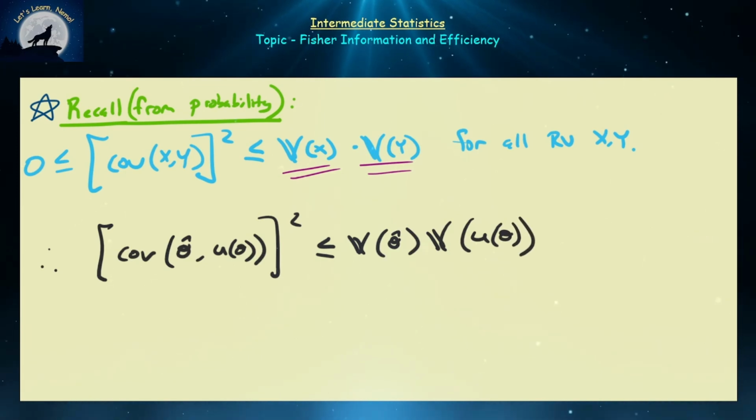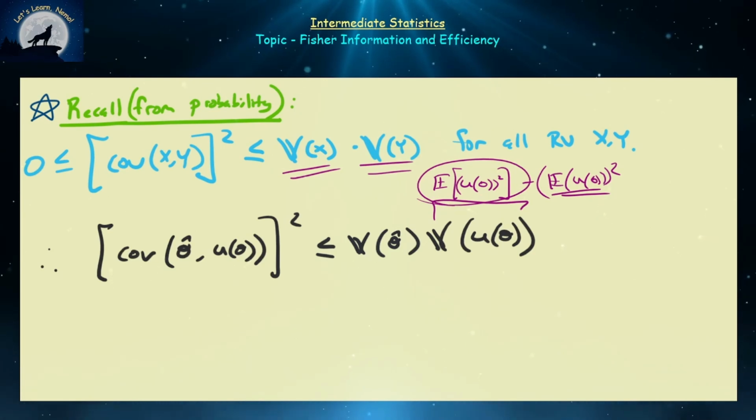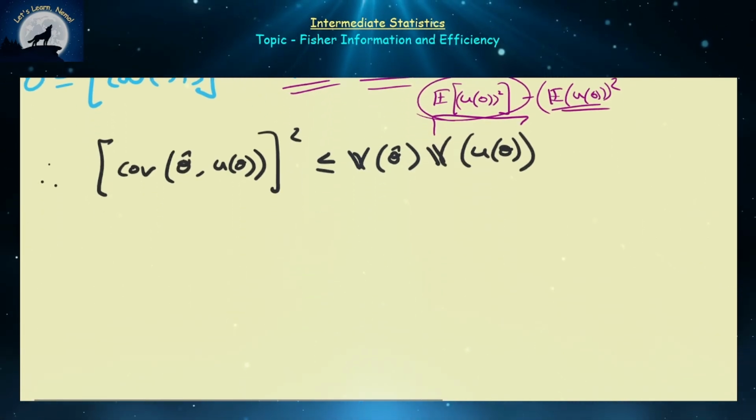Now remember that the variance of u is equal to the second moment minus the mean squared. But keep in mind the mean of the score function is equal to 0, so we're just left with the second moment of u, which we know to be the Fisher information for that particular parameter.